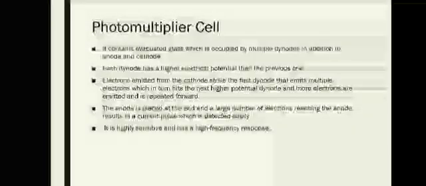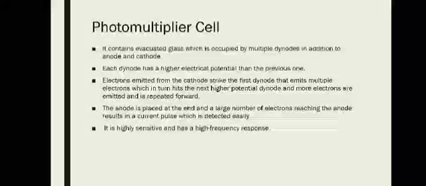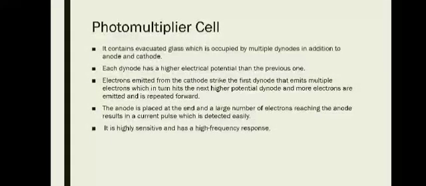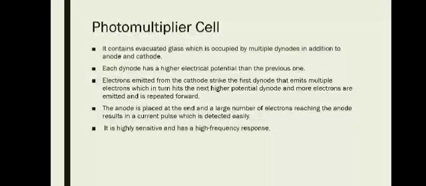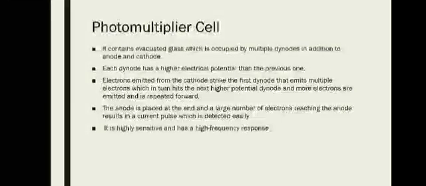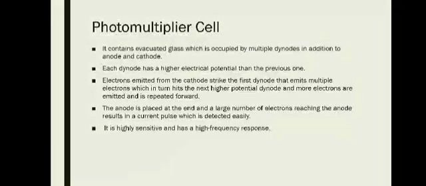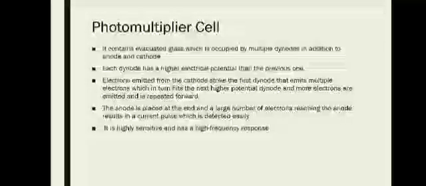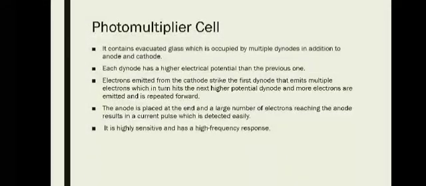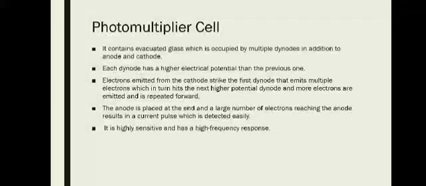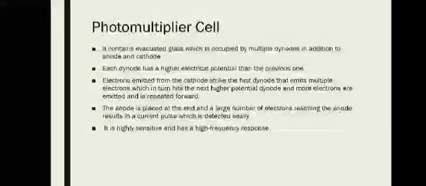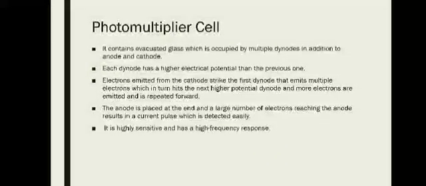Electrons emitted from the cathode strike the first diode that emits multiple electrons, which in turn hit the next higher potential diode, and more electrons are emitted and this is repeated forward. The anode is placed at the end, and a large number of electrons reaching the anode results in a current pulse which is detected easily. It is highly sensitive and has a high frequency response.